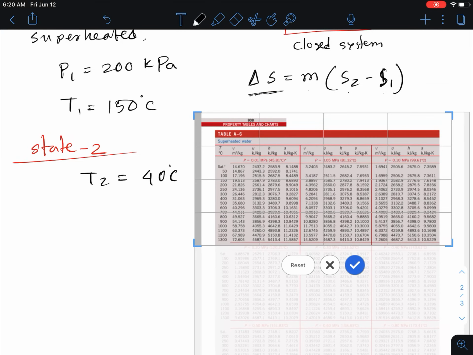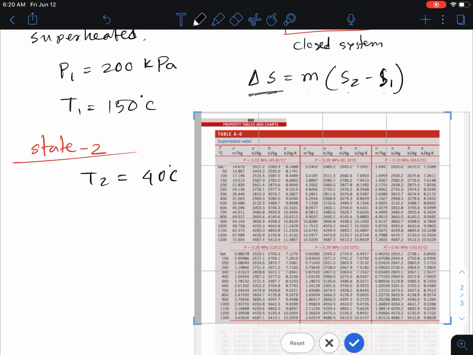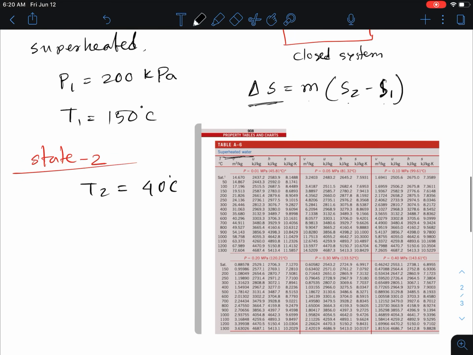Okay, so we have the superheated water pressure at 200 kilopascal. That means this one, 0.2 megapascal if we convert it to megapascal, and then temperature is 150 degrees C, which is nothing but this line, right?